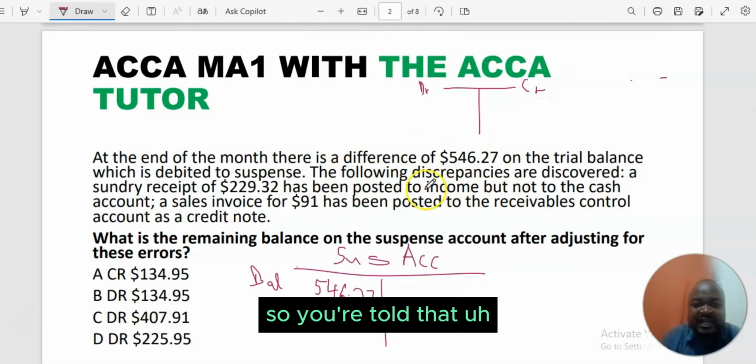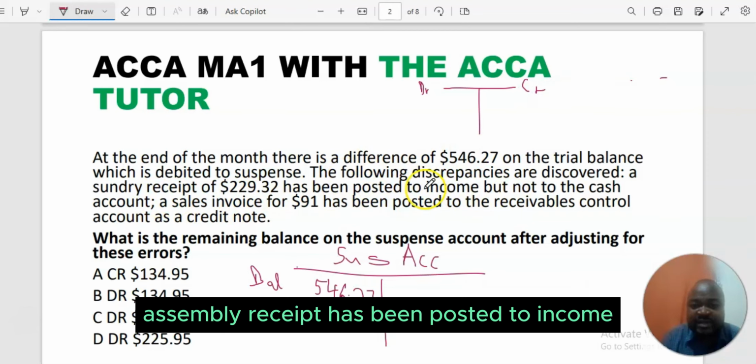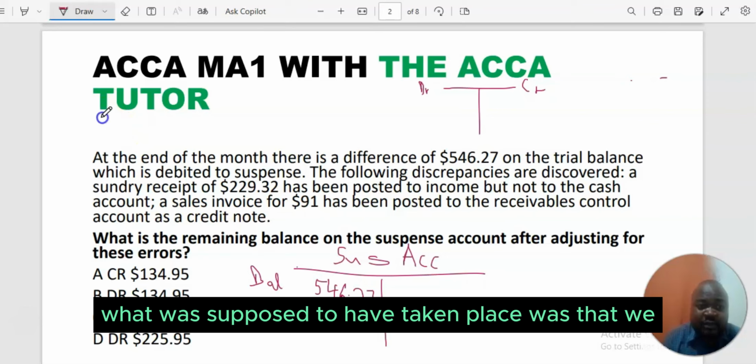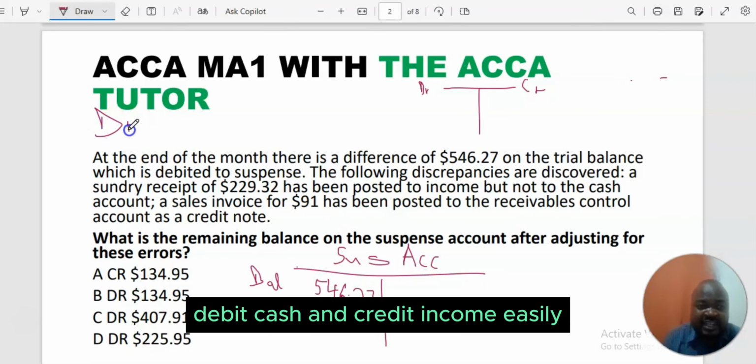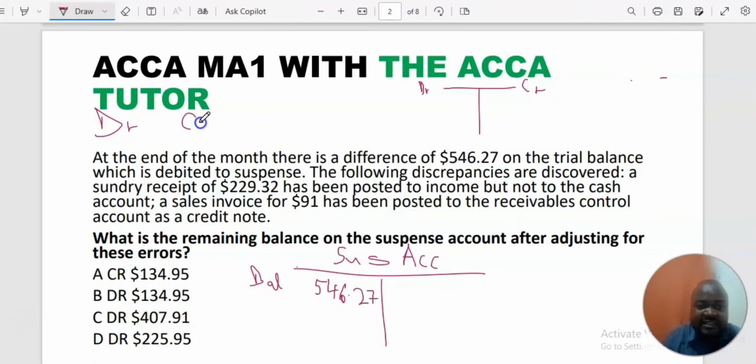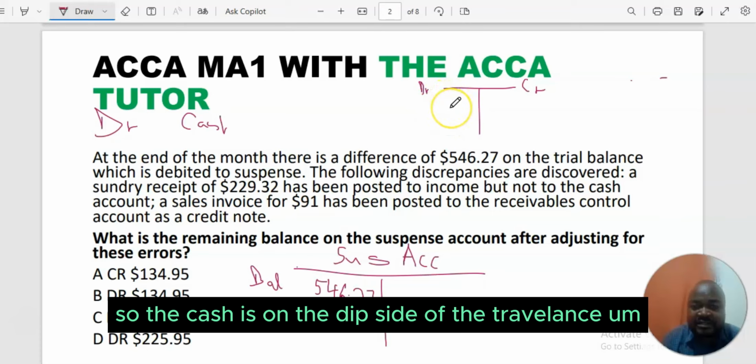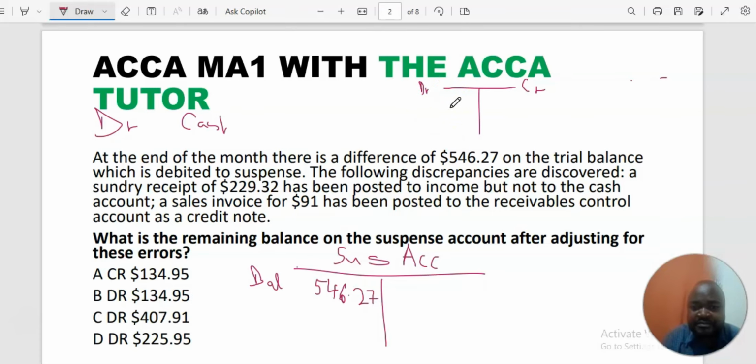So you're told that a sundry receipt has been posted to income, but not to the cash. What was supposed to have taken place was that we debit cash and credit income, isn't it? Debit cash. So the cash is on the debit side of the trial balance, and the income is on the credit side.